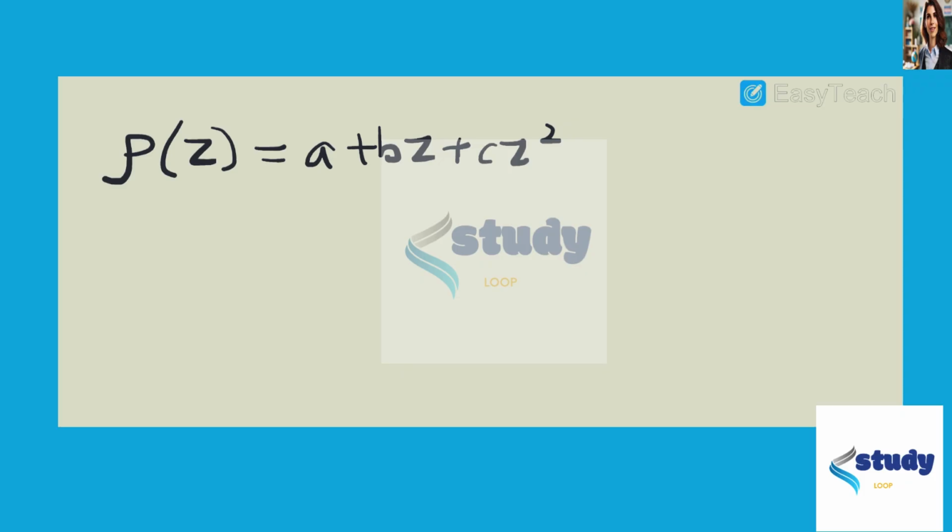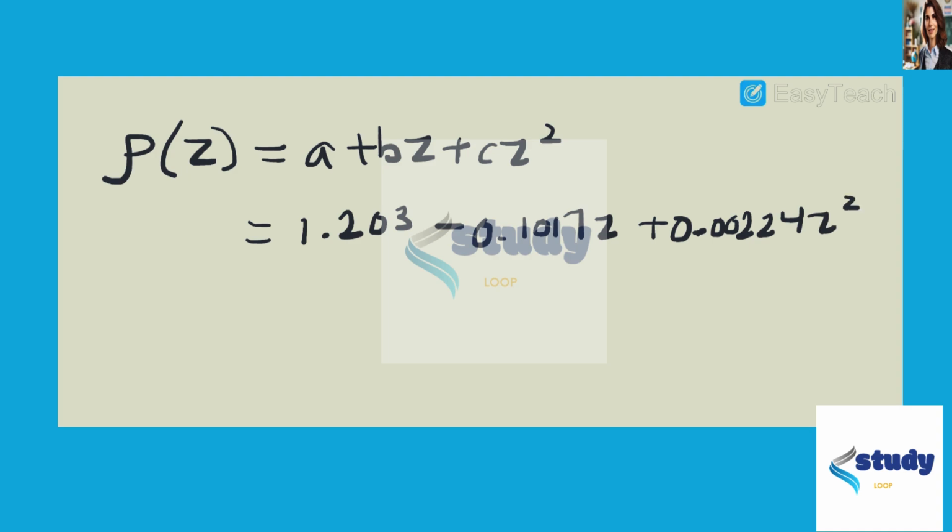And what we see is that after fitting this data, these parameters are such that rho of z is equal to 1.203 minus 0.1017z plus 0.00224 z squared.